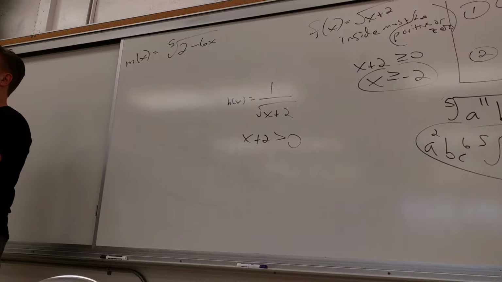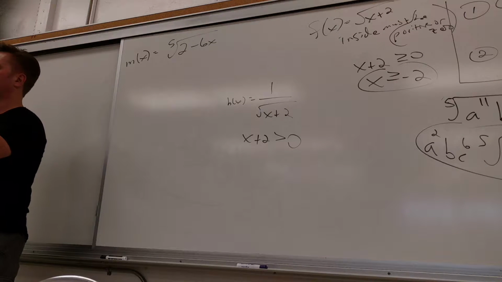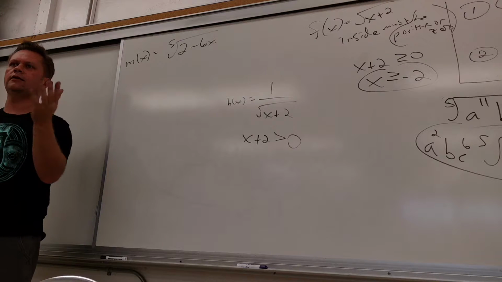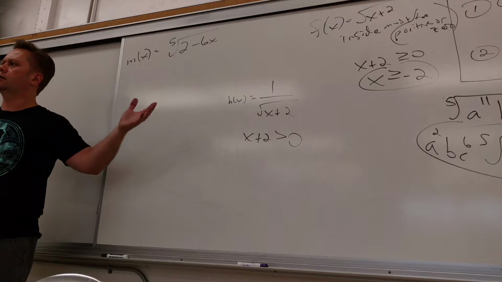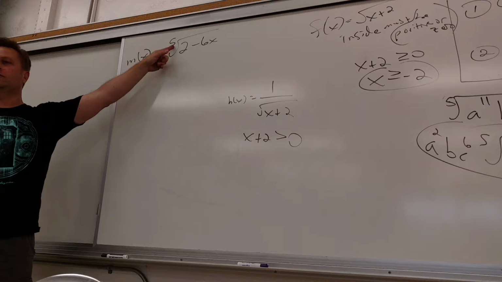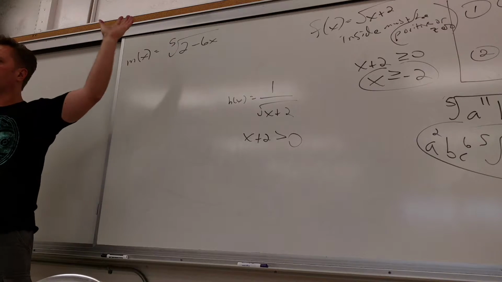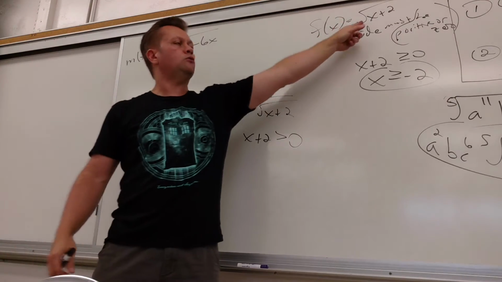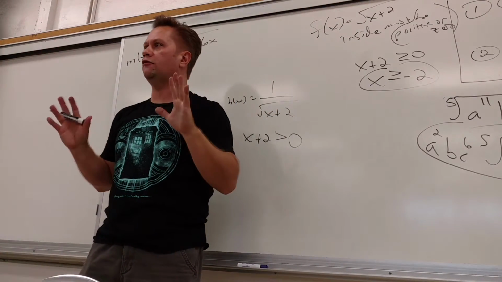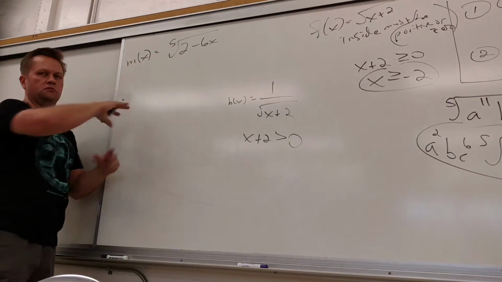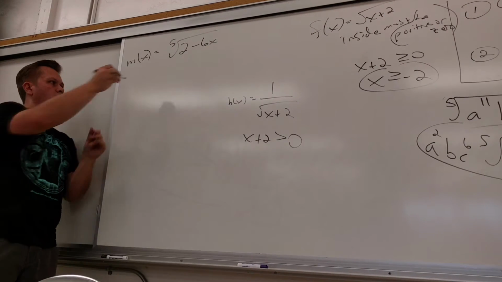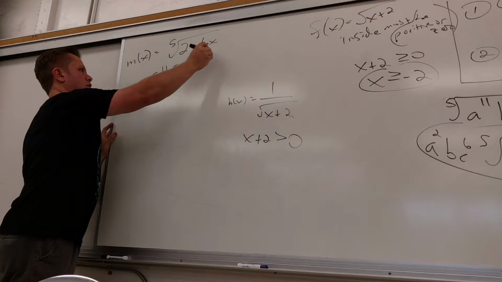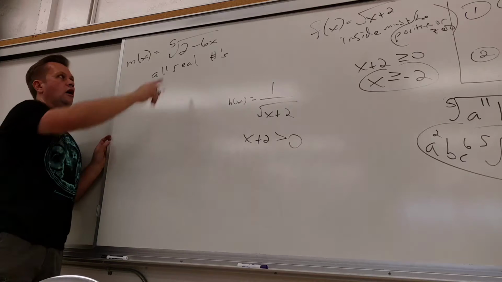The domain here is all real numbers. Why? Because it's a fifth root. Odd roots are laid back. They can handle anything. So why was the earlier one restricted? Square root, even root, they get all freaked out. Odd roots, all real numbers.